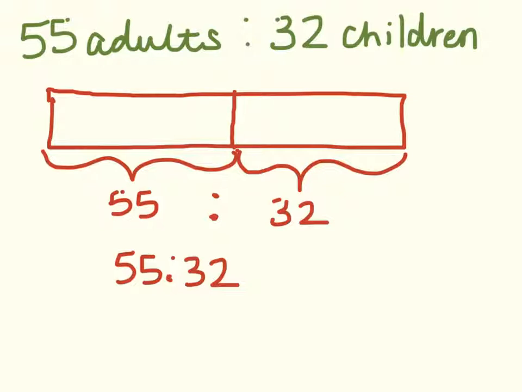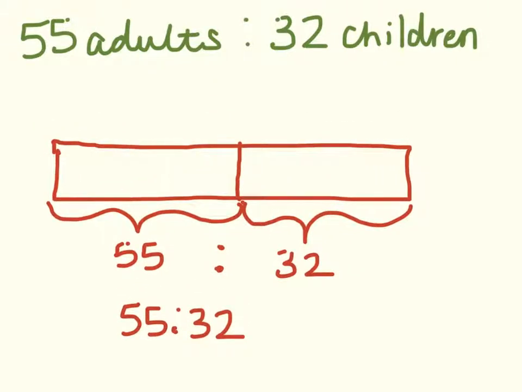Now let's find the ratio of the number of children to the total number of people at the party. This will use a part-whole model. Our part-whole model actually begins with our part-part model that we've used here, 55 and 32. All we're going to add is our indicator for the whole.